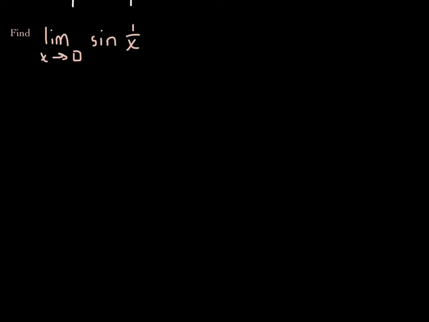Here we have a trig function. It's the limit of sine of 1 over x as x approaches 0. What I propose we do is create a table of values and then also look at the graph and make our conclusion there. All right?